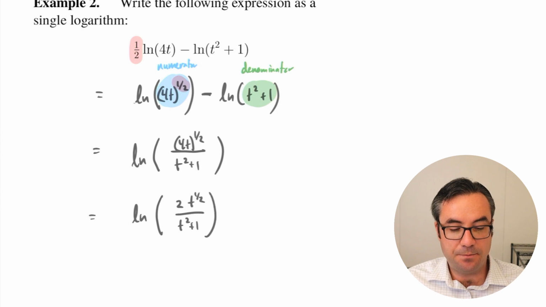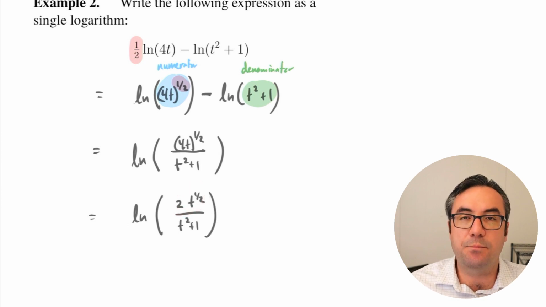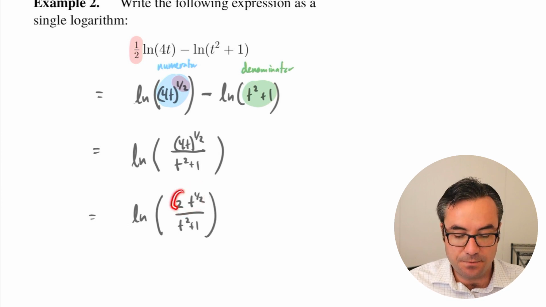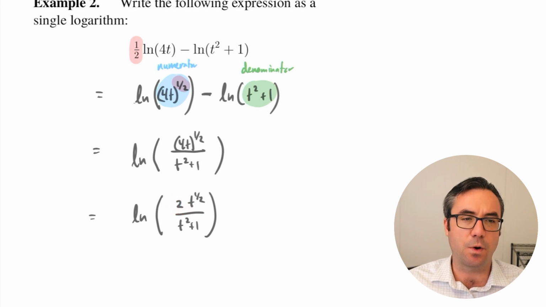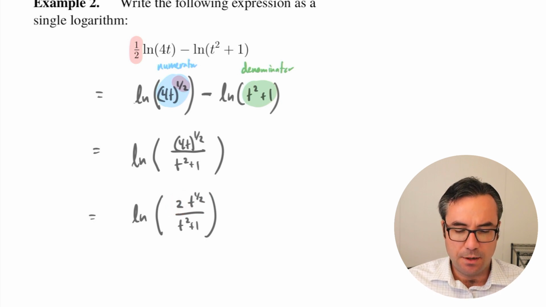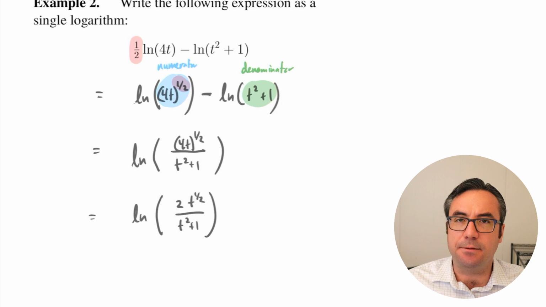And then at this point, we wouldn't need parentheses around the terms in the numerator there because only the t now is getting raised to the 1/2. We've simplified that 4. All right, so that's the idea.